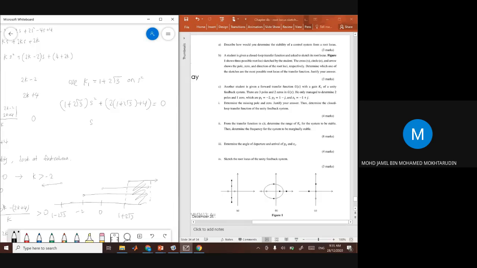So later you will get S equals plus minus something j. Okay, I think the answer is 1.8, 1.82. Okay, so this is the frequency for marginally stable.